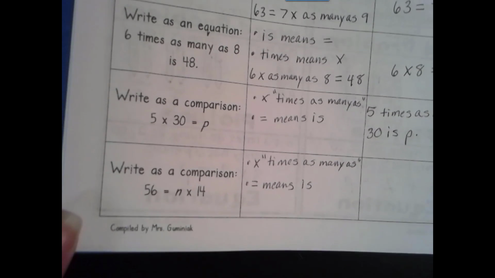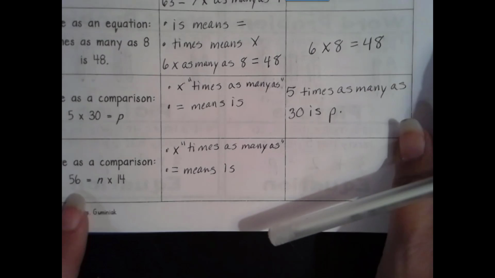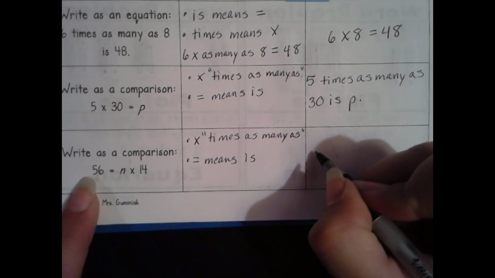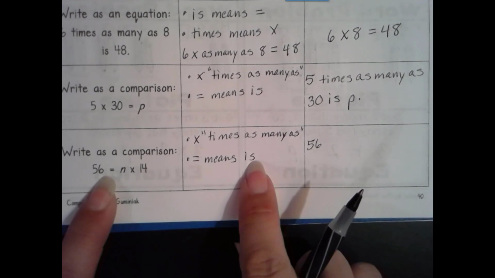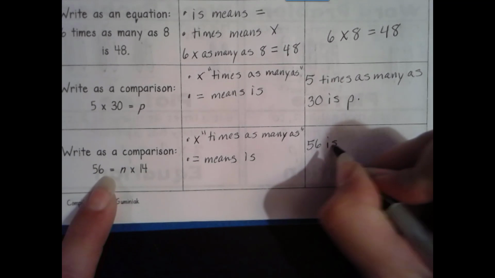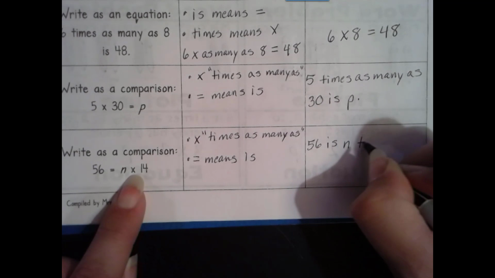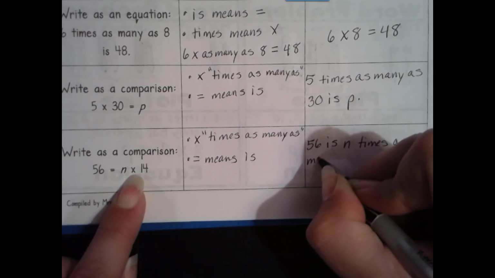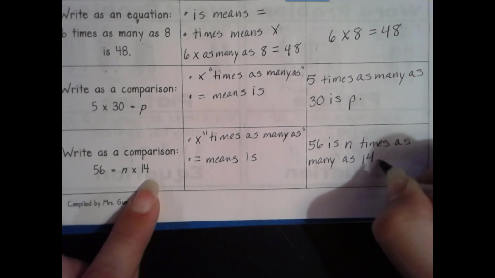So here we start off with 56, then we have our symbol, so we put the word in for that equal sign. 56 is N times as many as 14.